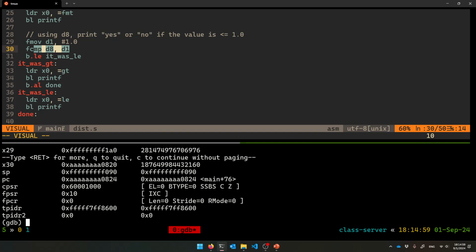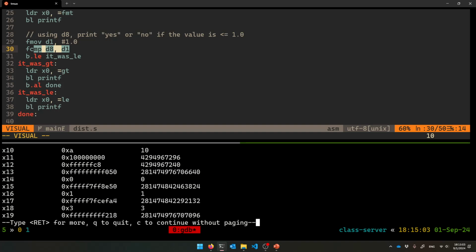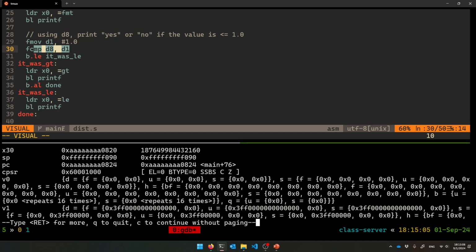So there's extra things. In addition to my X registers, I have my floating point registers. And so I told you that secretly our D registers are part of V registers. And let's see what V1 holds right now. Dun dun dun.